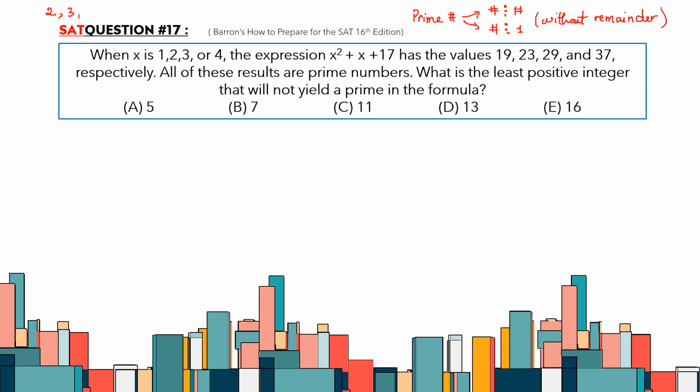Then 3, 5, 7, 11, 13, 17, 19, 23, 29, and so on.